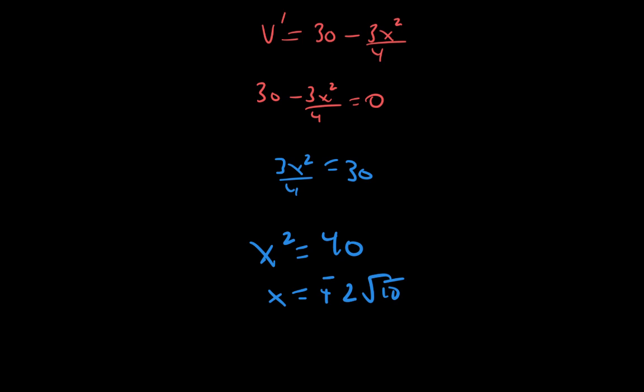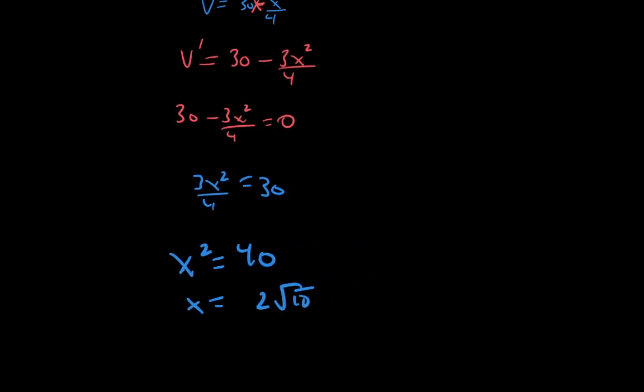However, because this is a real physical problem, we cannot have negative volume or negative length. It doesn't make any physical sense. So our X is going to be 2 root 10.